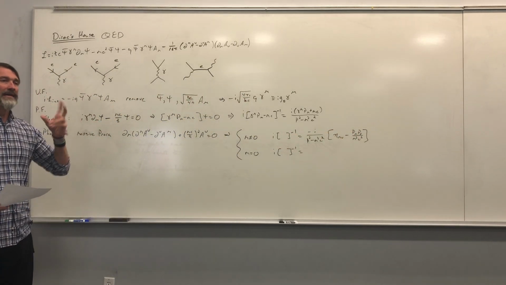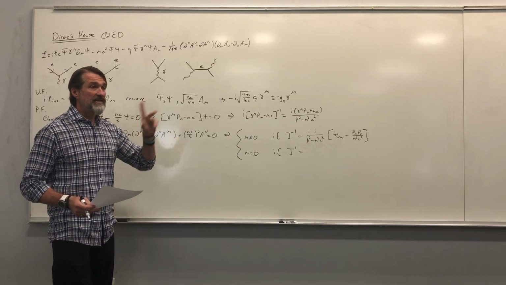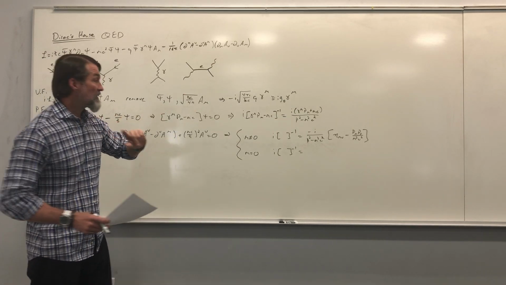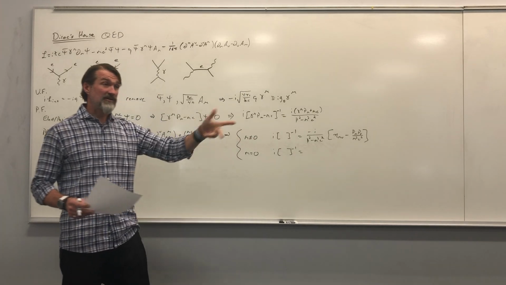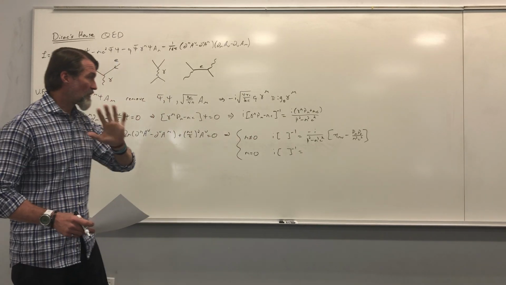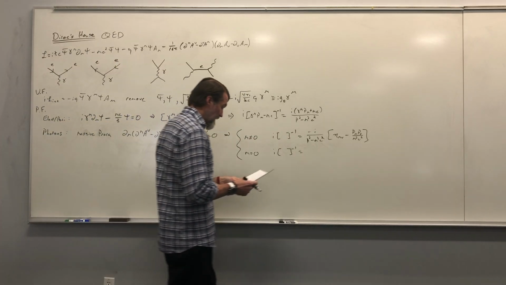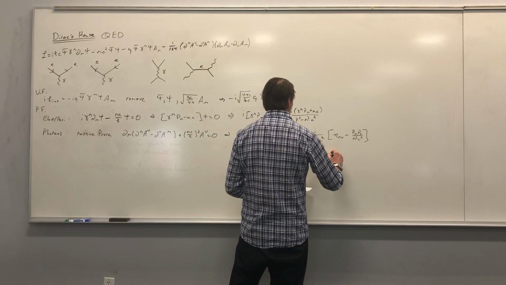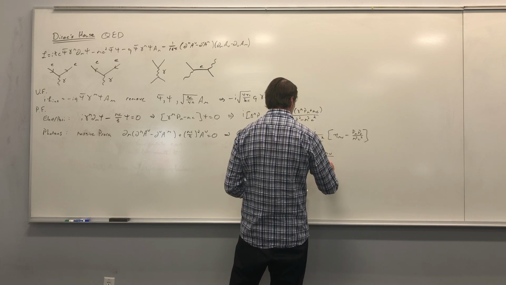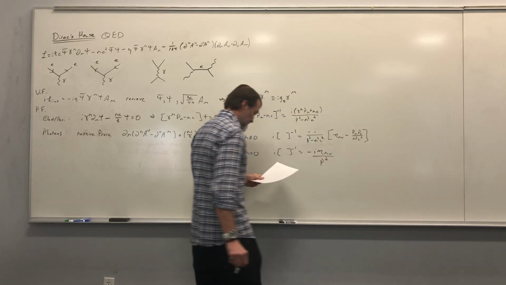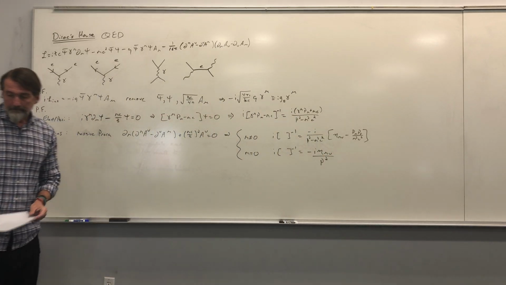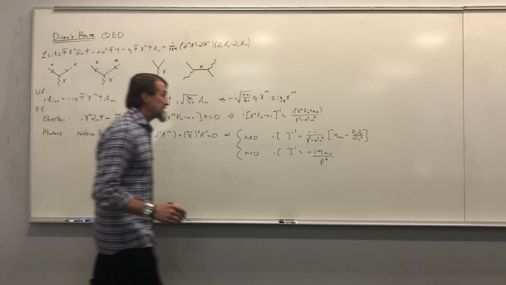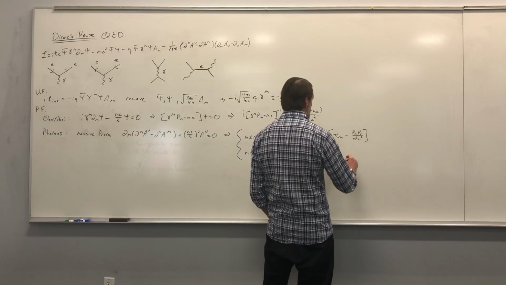When you have a massless gauge field, its polarization states are transverse to its direction of motion, versus if it's massive, it has three polarization states. But don't worry about that degree of difficulty. This just simplifies to minus i g mu nu over p squared. So in the case of QED, this is the photon propagator.